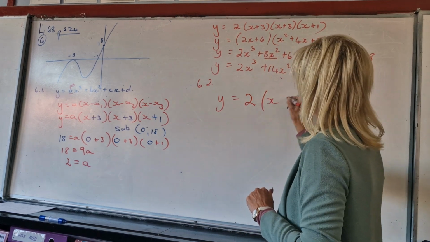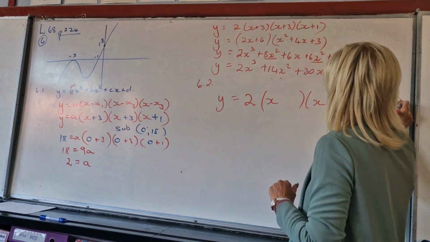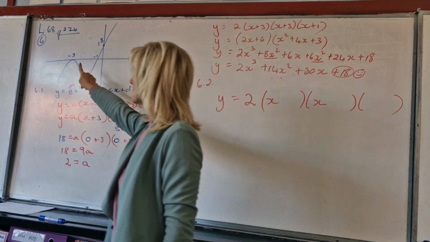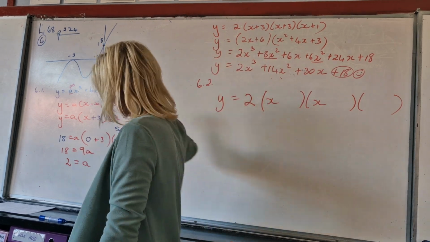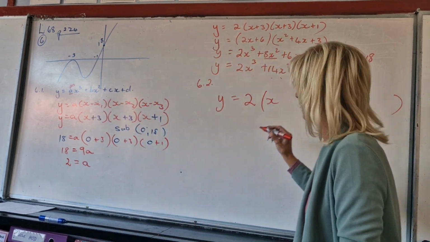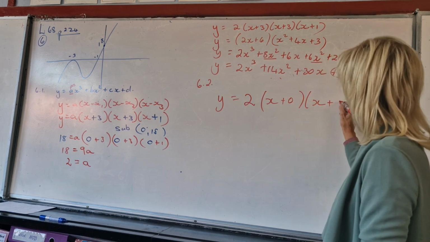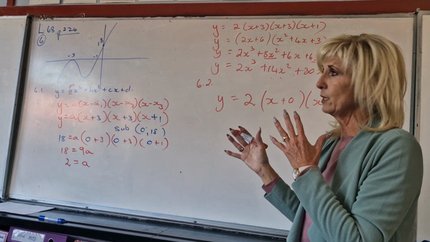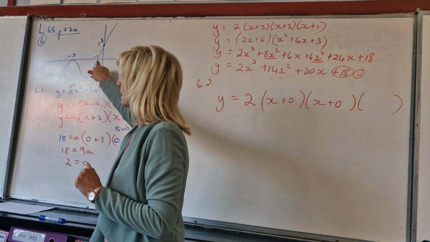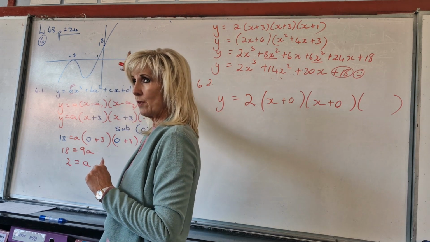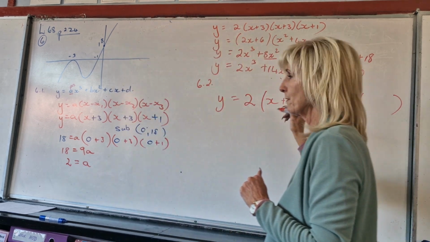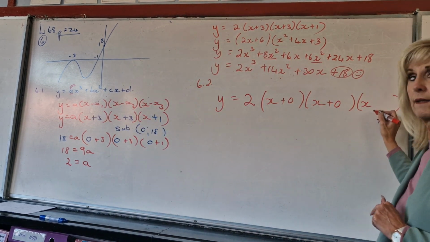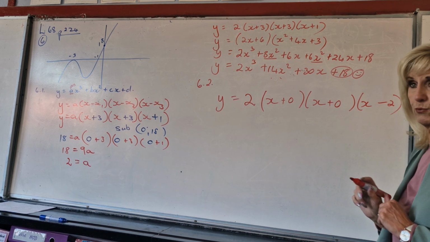But what's changing? It's the x-intercept. Your x-intercepts are now going to be, if this thing moved to the origin, what is your origin x value there? 0. And you've got to still do it twice because it's still the turning point. But where's the other one going to be? It's going to be at 2 there, which you then simplify, substitute in here with minus 2, very importantly, right?